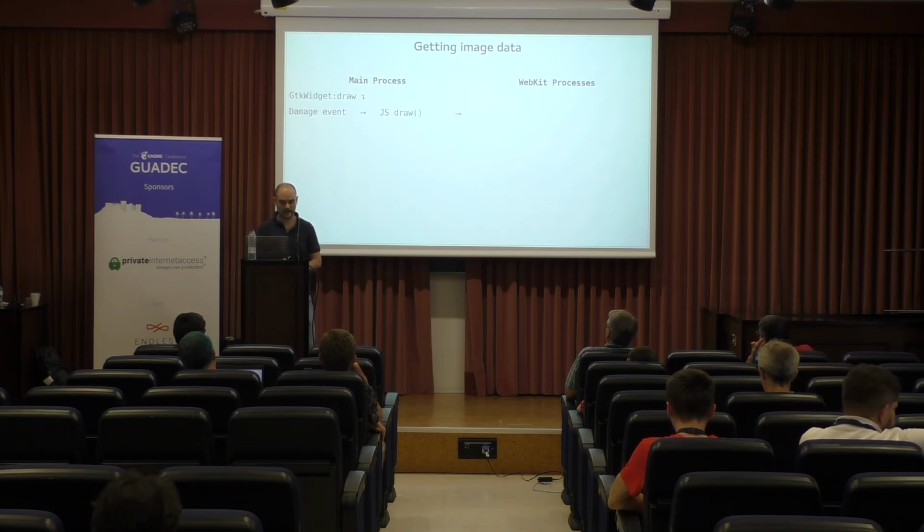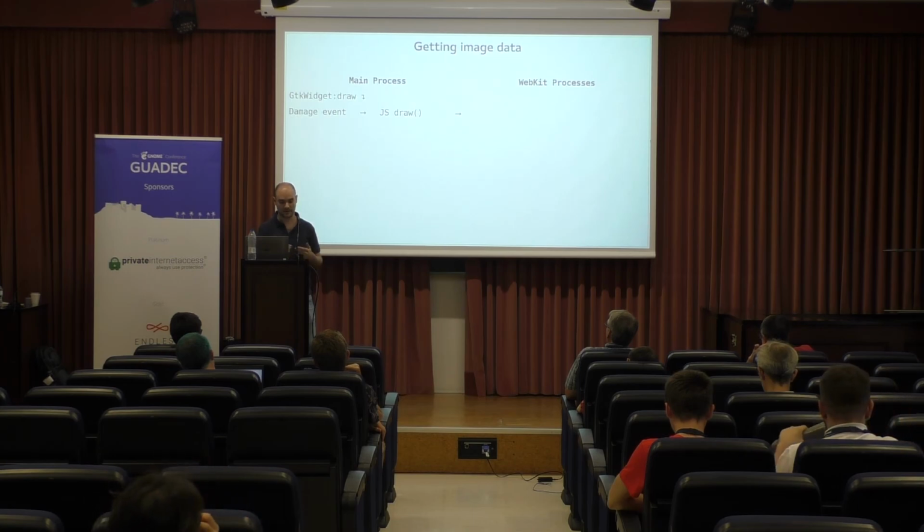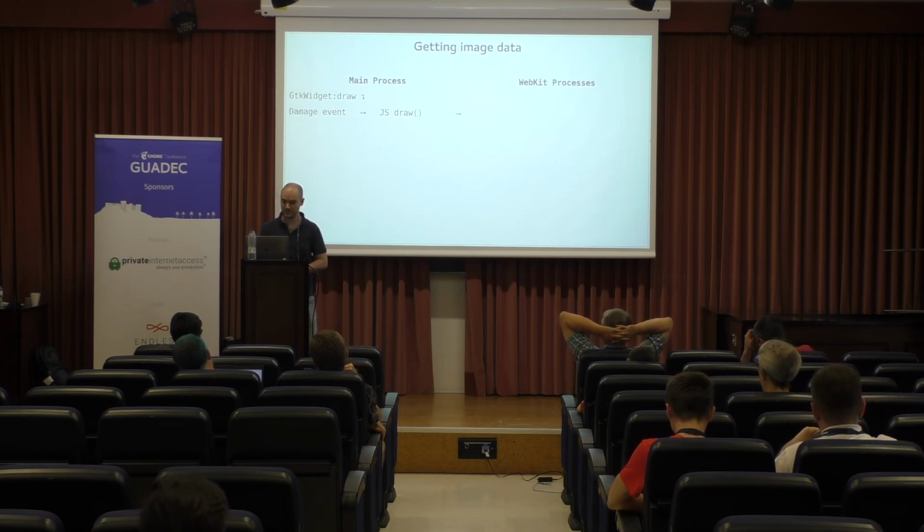I have a special handler in the damage event that calls a JavaScript function for drawing the widget, which will get the image data using the special URI we just talked about.